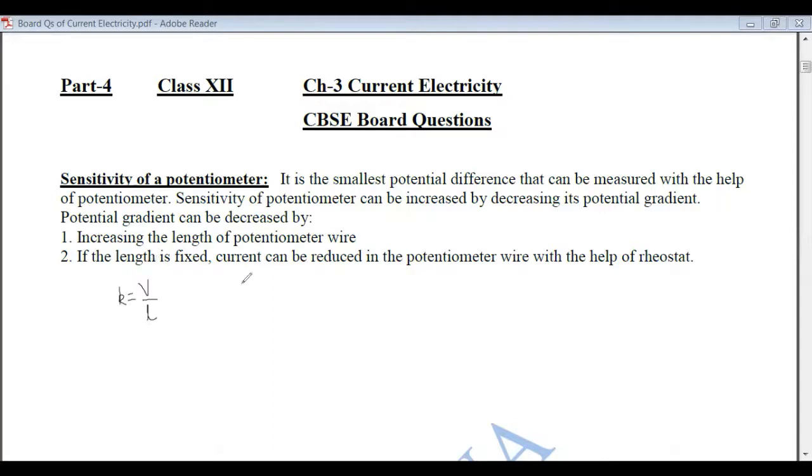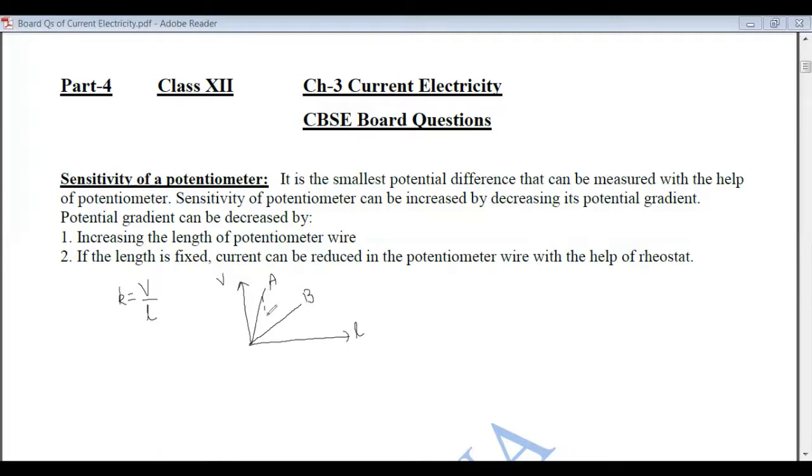Here we know that the graph between V and L for a potentiometer is a straight line. Let for two potentiometer wires, the graphs be as shown, A and B. Now you have to find out which potentiometer is more sensitive. For more sensitive, the potential gradient should be less.